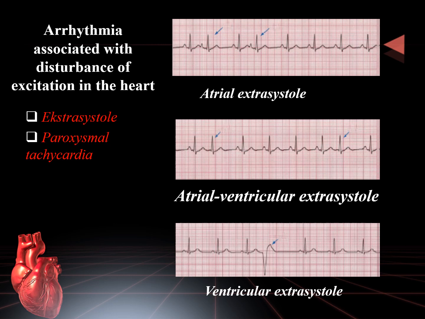Extrasystole may be accompanied by a simultaneous contraction of both the atria and ventricles. Ventricular extrasystole is characterized by a compensatory pause after an extraordinary cardiac contraction. This is due to the fact that the next normal stimulus of excitation leaving the sinus node enters the refractory phase of the ventricles.